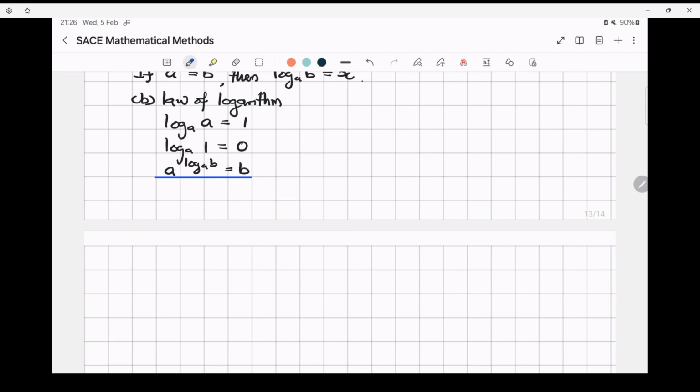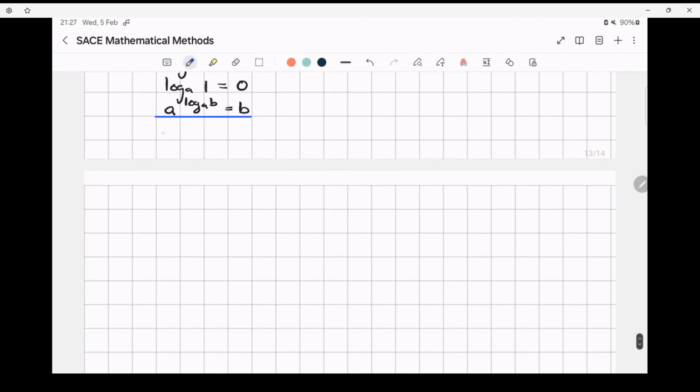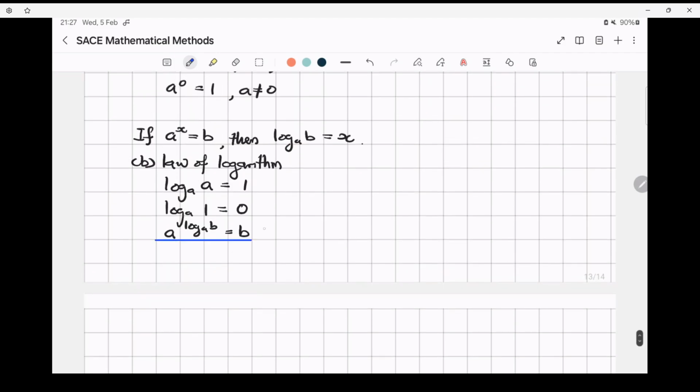Okay, so perhaps I write down the proof here, since over here there's quite a lot of space. So you let a power x equal b. Then log base a of b will be equal to x.